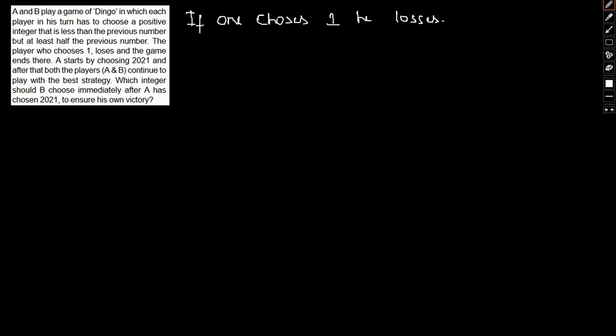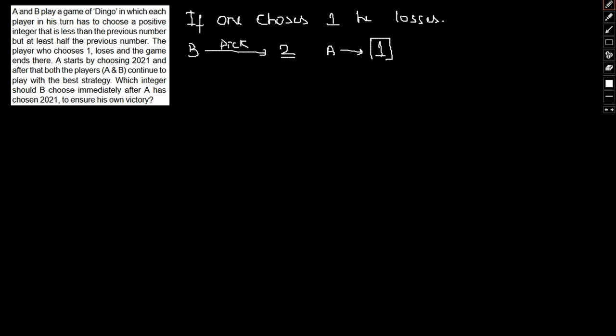So therefore we need B to pick 2, so that after B picks 2, A is left with 1, which he has to pick anyway. So we have to make sure B picks 2.